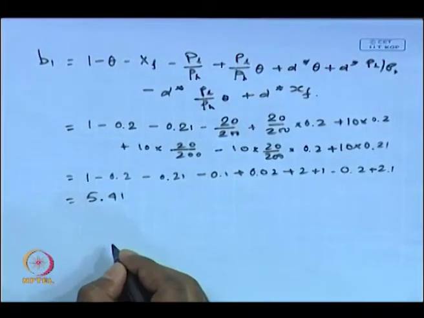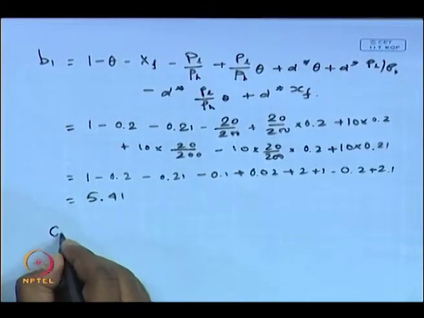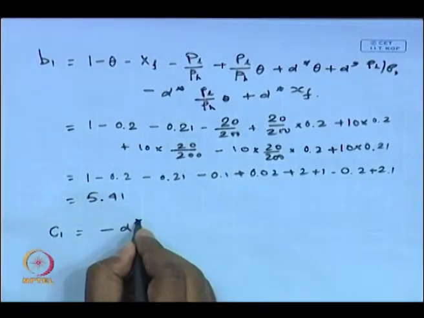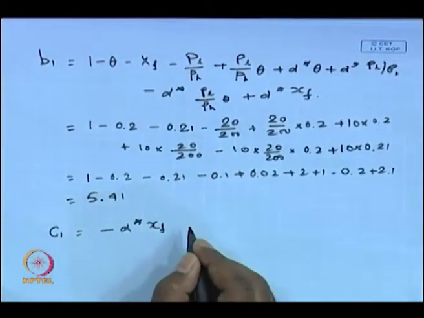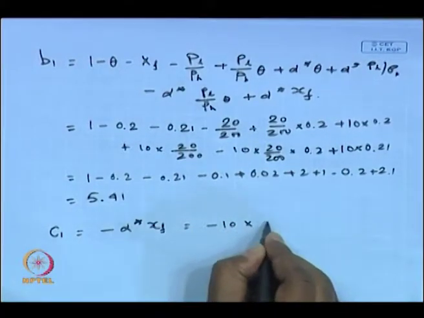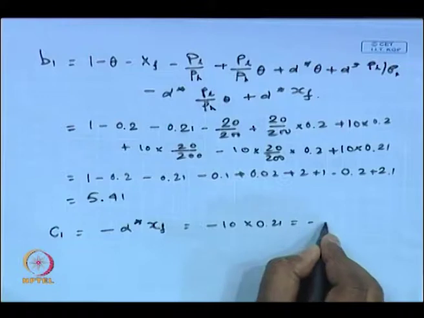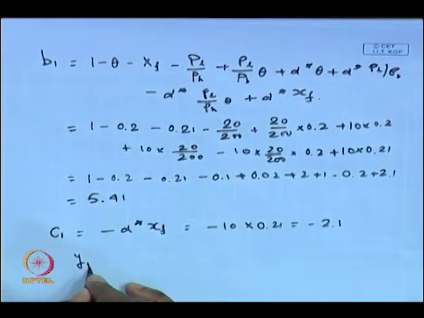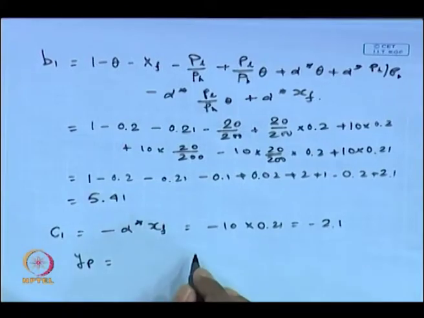Similarly, you can calculate the parameter C1, which is nothing but alpha star times x_f, that is minus 10 into 0.21. So, it becomes minus 2.1, and you can get the expression of Y_p, that is the composition of permeate.